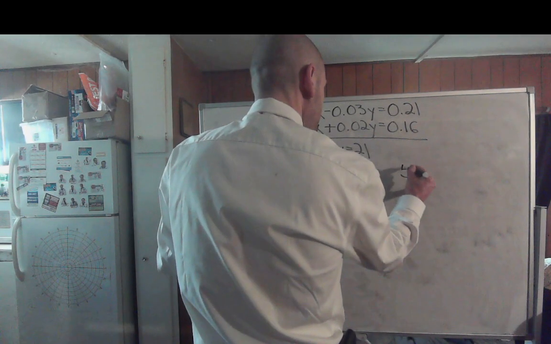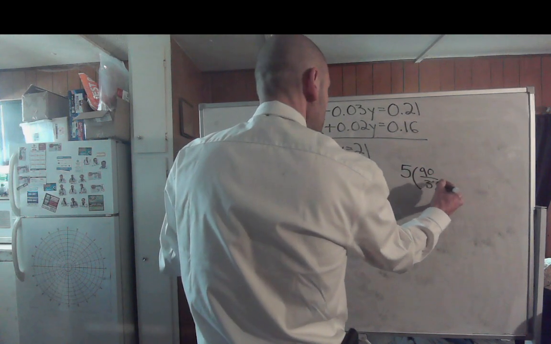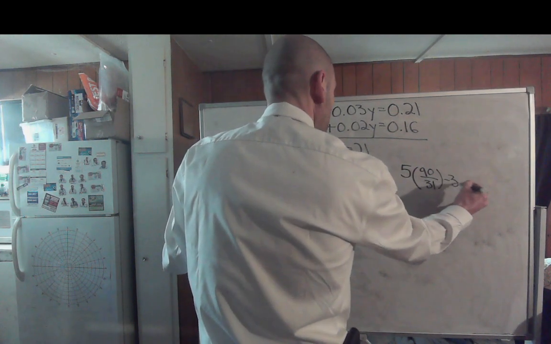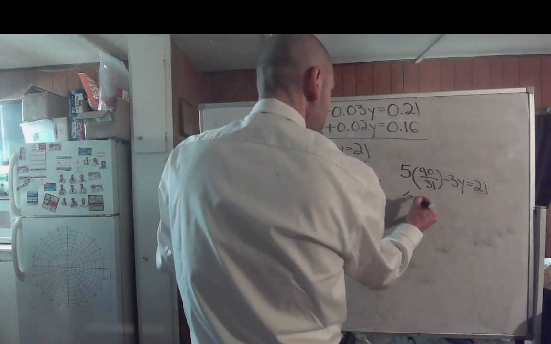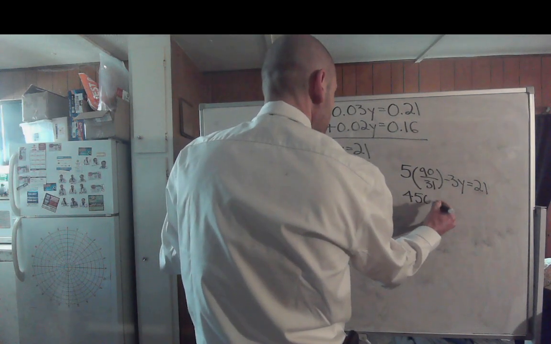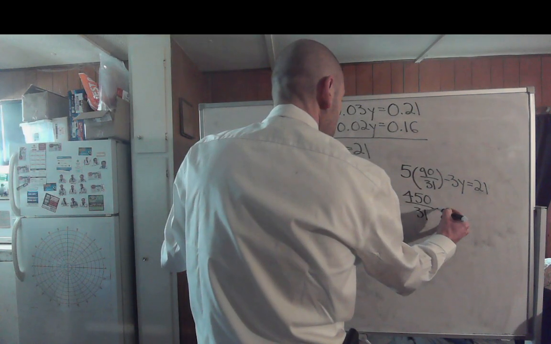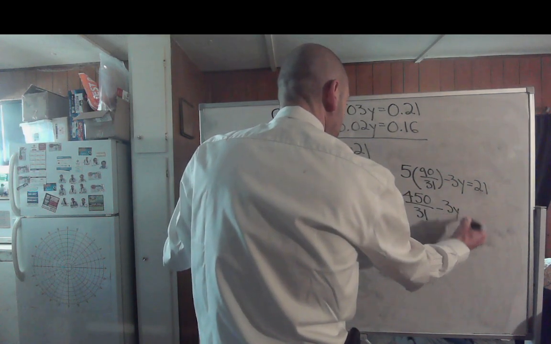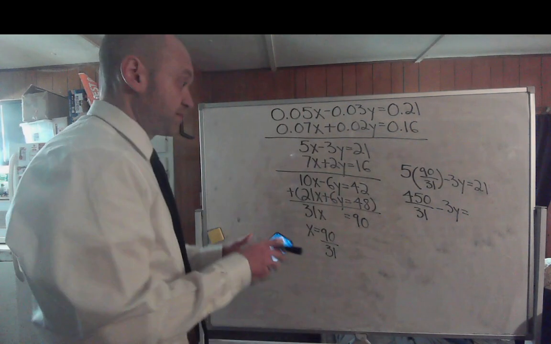If I take 5 times my 90/31 minus 3y, set that equal to 21, this would turn into 450/31 minus 3y equals 21. Well, what's 21 in terms of 31sts?